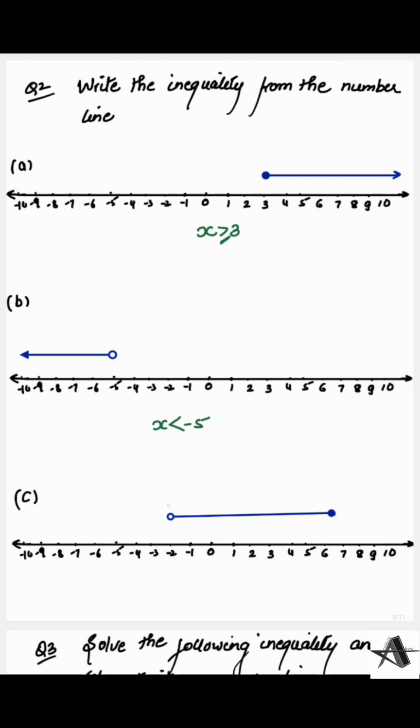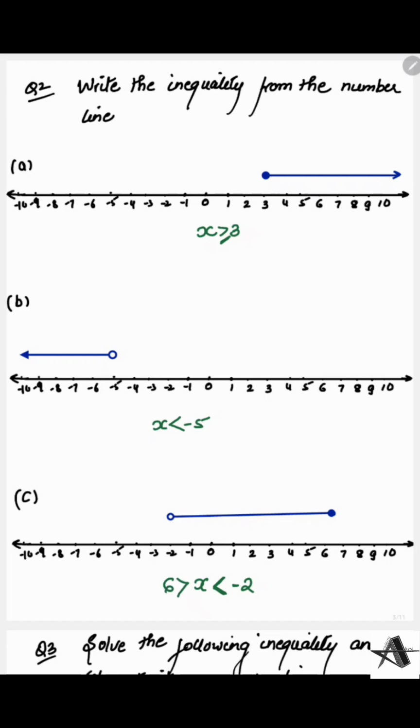Because it's an unfilled circle, I'm not going to put the equals sign here. Part C, x is at -2. Now, one more thing: you can clearly see that there is no arrow pointing. This is a circle and this is also a circle. That means we have a range where the value is lying between -2 and 6. This is moving towards the right, so x is greater than -2, but smaller than 6.